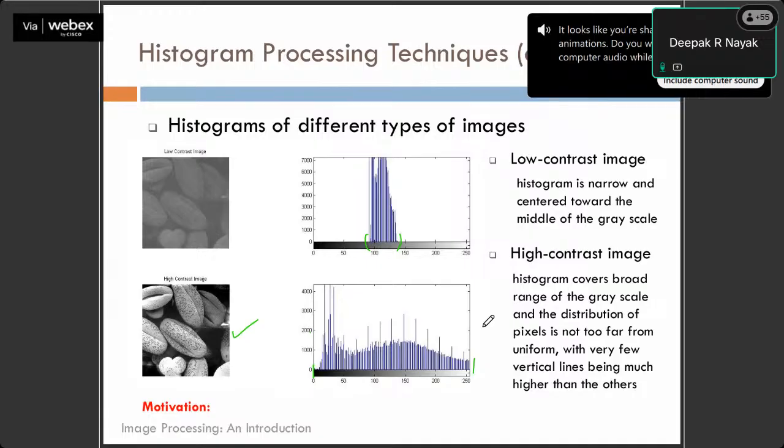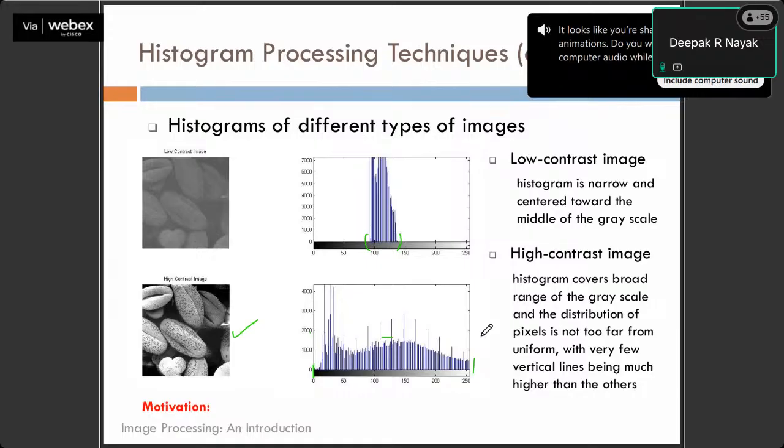From here, we can at least conclude that an image having high dynamic range has a distribution very similar to the uniform distribution, because the probability distribution is very close, or not too far, from the uniform distribution which you have already studied in school or college level mathematics.